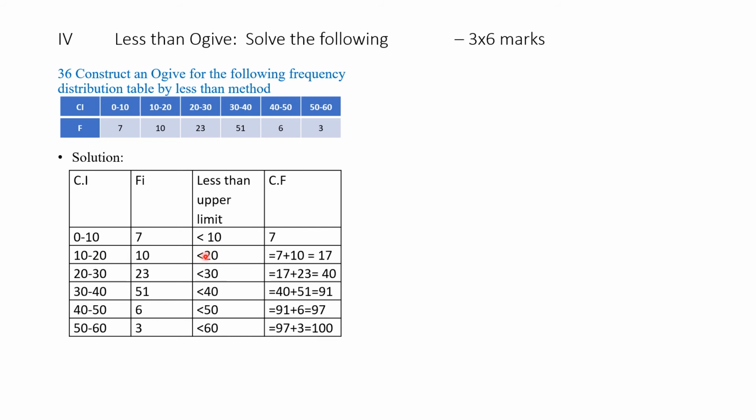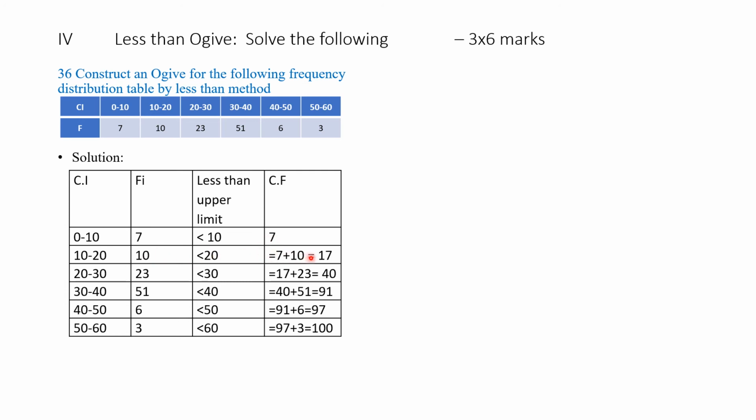You write 20 and simply write less than. Less than the upper limit 20 is 10, therefore you have to add 10 plus 7, because less than 20 are 17. You add this 7 and this 10.